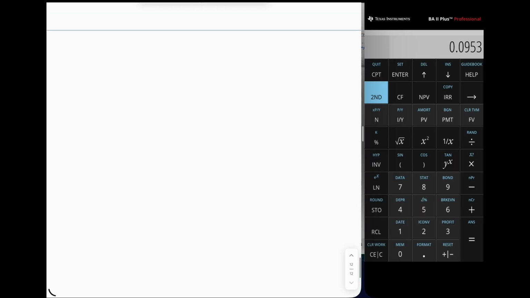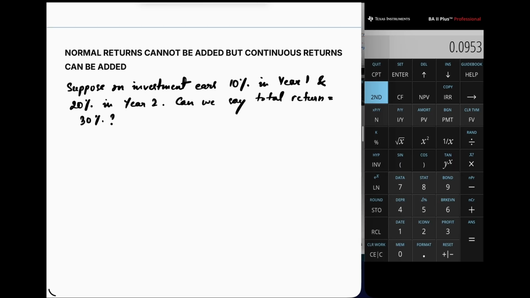And let me tell you one of the last benefits of continuous compounding, and with that this video will be over. Yeah, this is the last topic. To save time, I have just written it. So basically one feature of continuous compounding is that continuous returns can be added, but normal returns cannot be added.